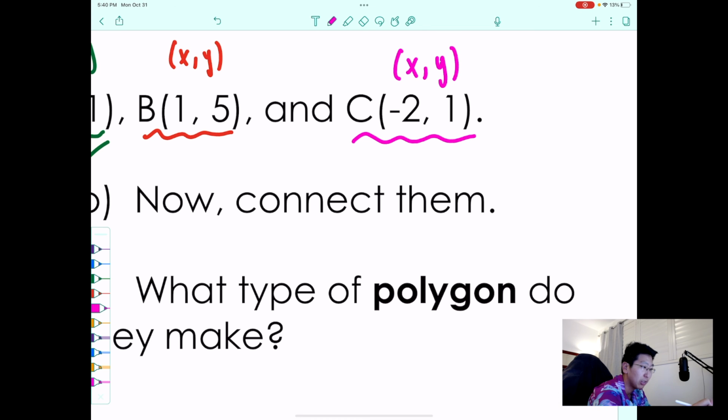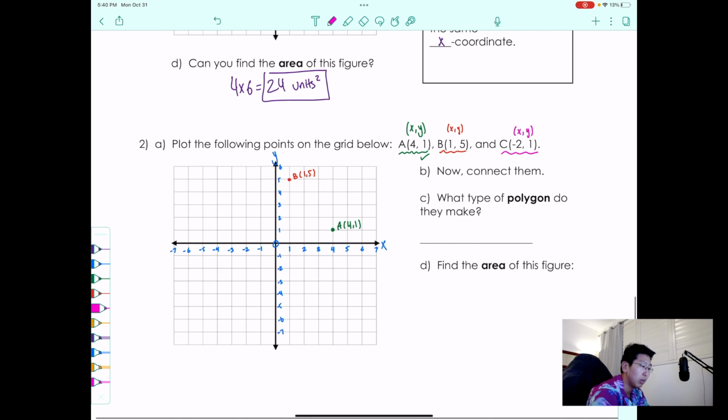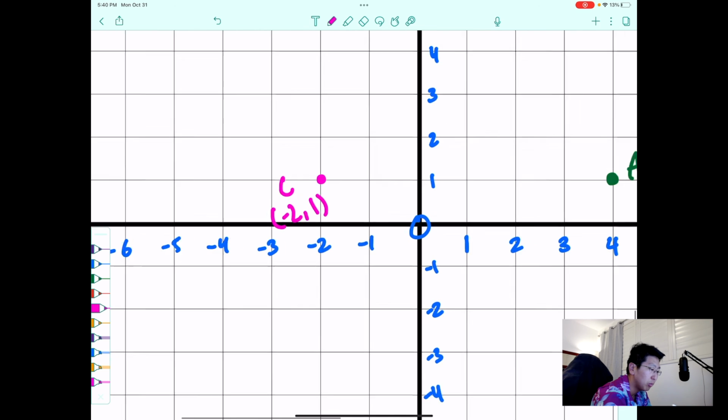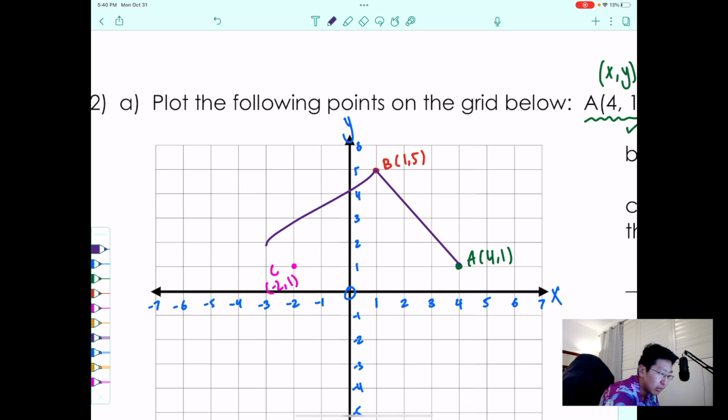This is our x value, and this is our y value. So negative 2, 1 is right here. C, negative 2, 1. And what I'm going to do is connect the dots from A to B, B to C, and C to A.